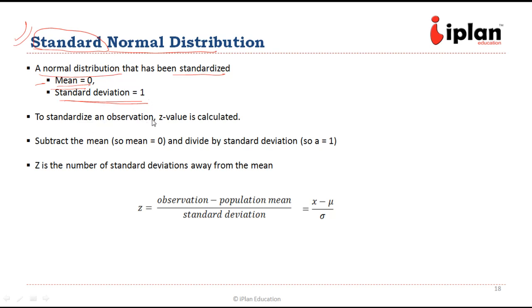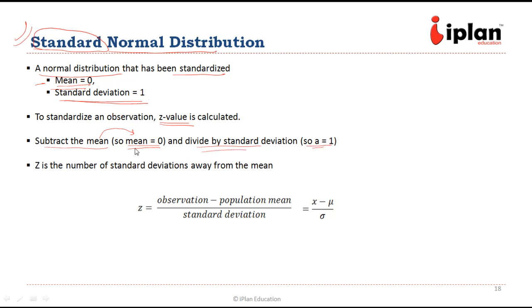And for that we have defined a z value, which is the number of standard deviations. For calculating z, we subtract the mean so that it is standardized to 0 and divide by the standard deviation so that standard deviation becomes 1.